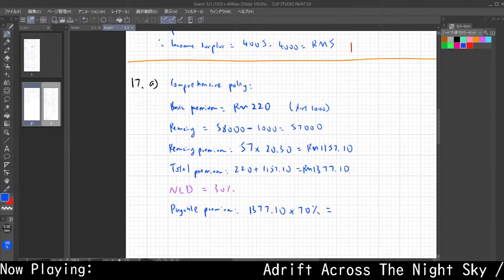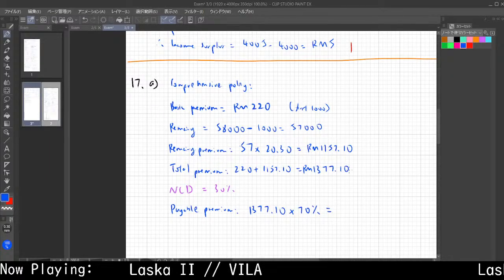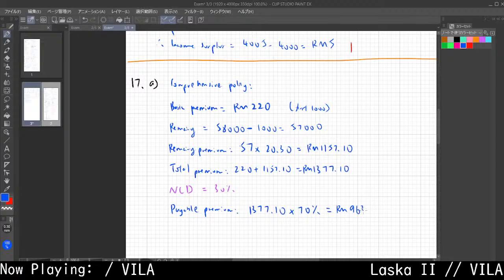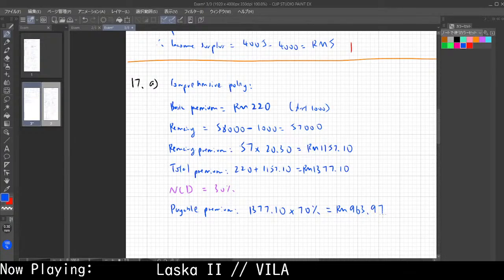You will get 963.97. So this will be the premium payable for the comprehensive policy.